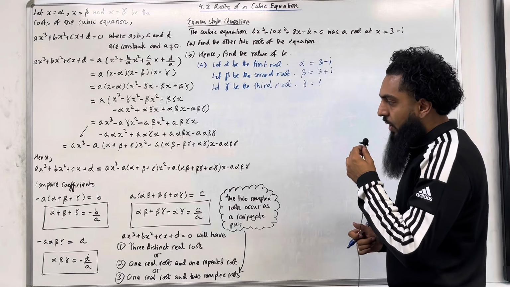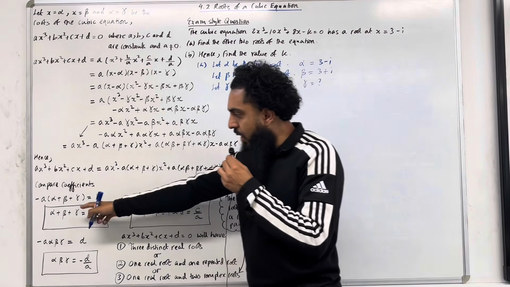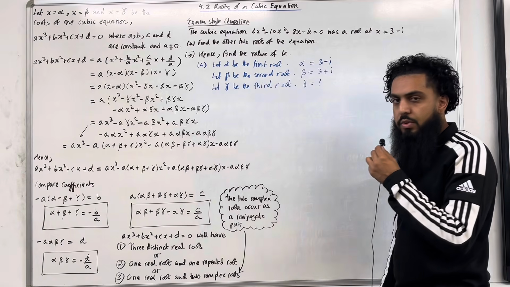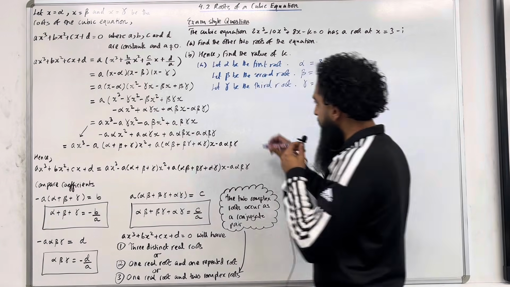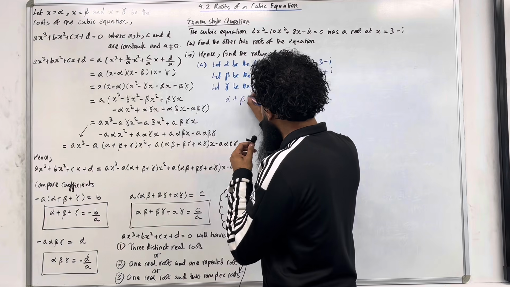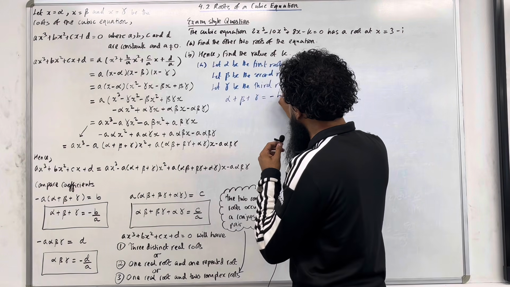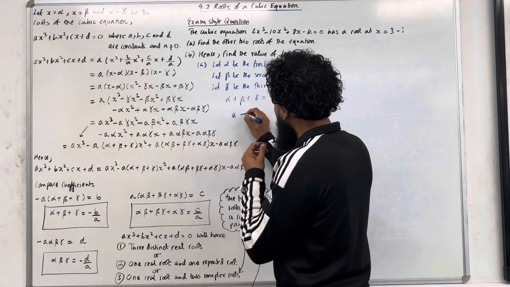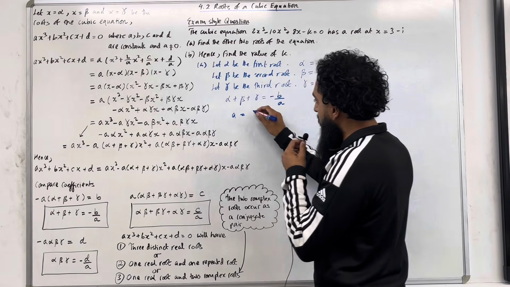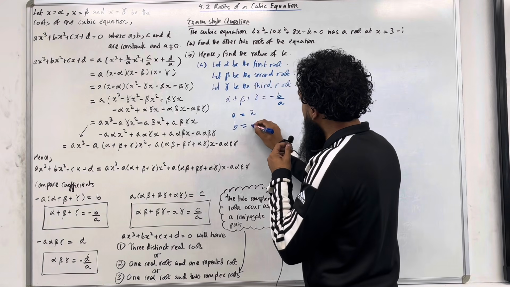Okay, let's go back to our key fact. We know that alpha plus beta plus gamma is equal to minus b over a. For our given cubic, a is equal to 2, b is equal to minus 10.